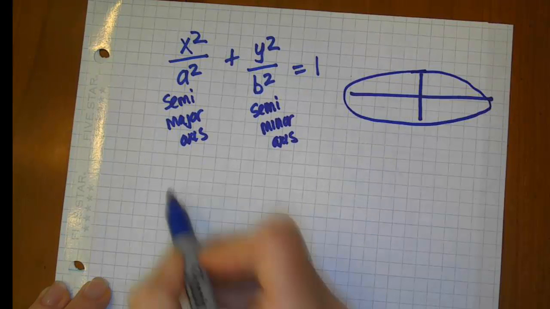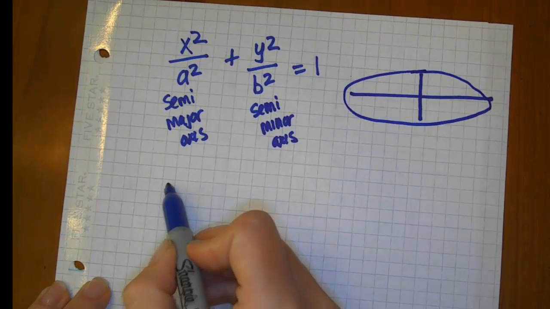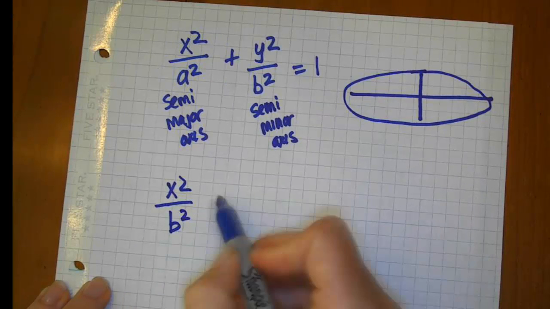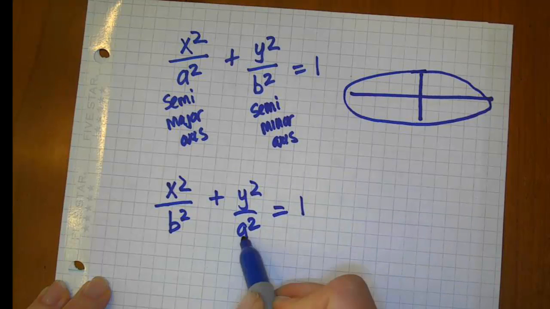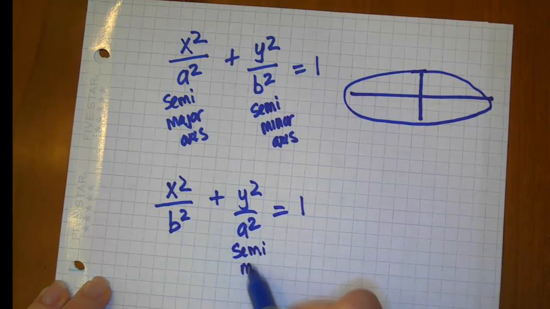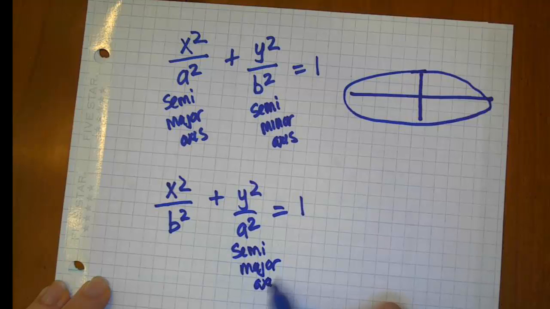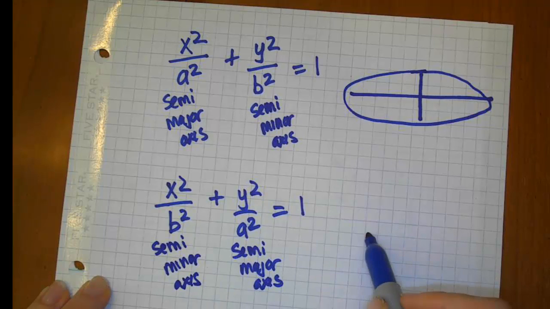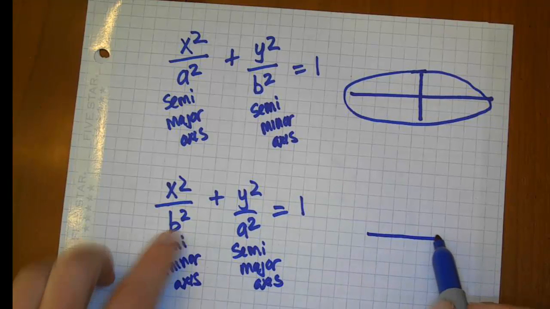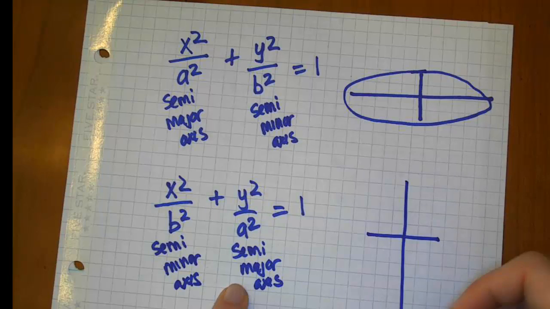Okay. If the standard form was x squared over b squared plus y squared over a squared equals 1, a still represents the semi-major axis. b still represents the semi-minor axis. So this means I would have a shorter horizontal and a longer vertical, so I would have an ellipse that looks like that.